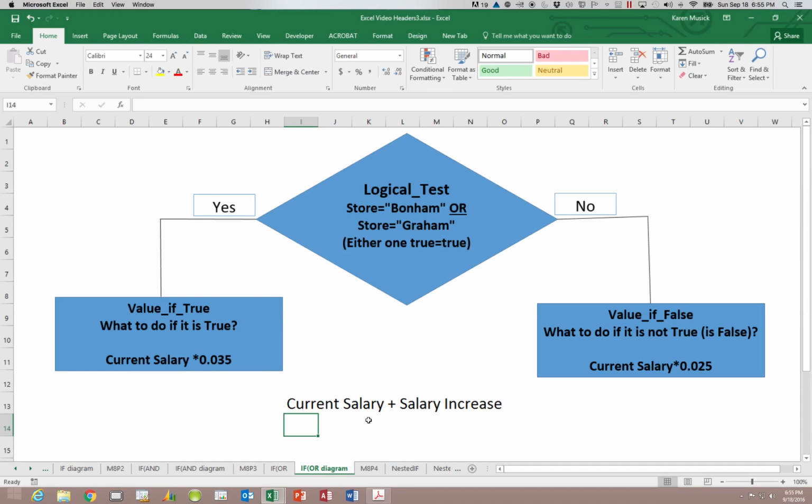Now, if you remember the formula that we calculated to calculate the increase, that could be the current salary plus, we took the current salary and multiplied it by 8%.